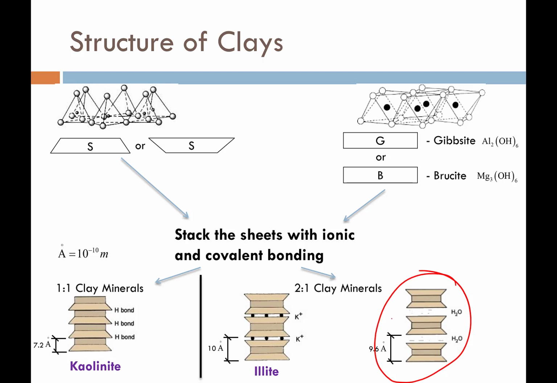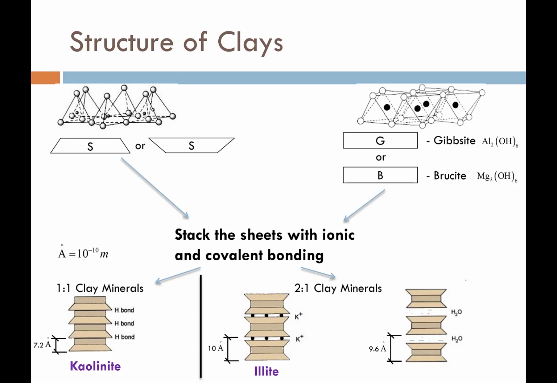They allow whatever they can get their hands on into that space so that they can form a covalent bond with it. It could be water, it could be different cations if those cations get introduced. The point is it's very, very reactive, and anything you introduce is going to get pulled into that space between these molecules.